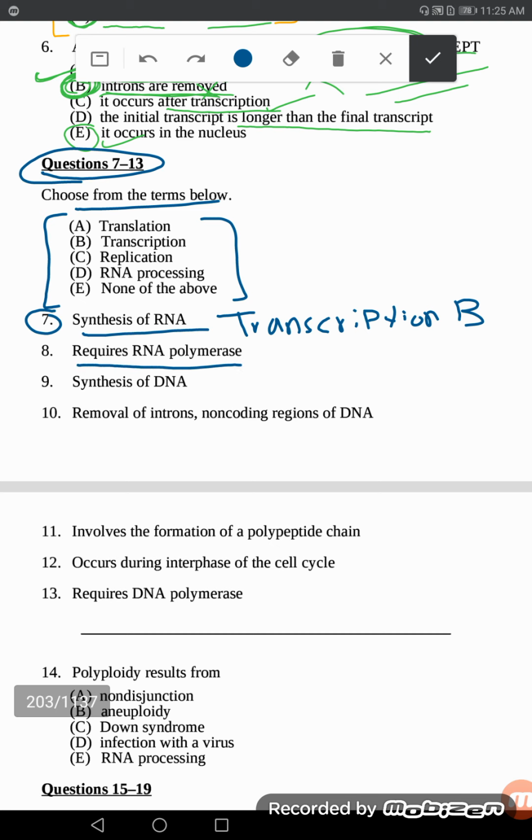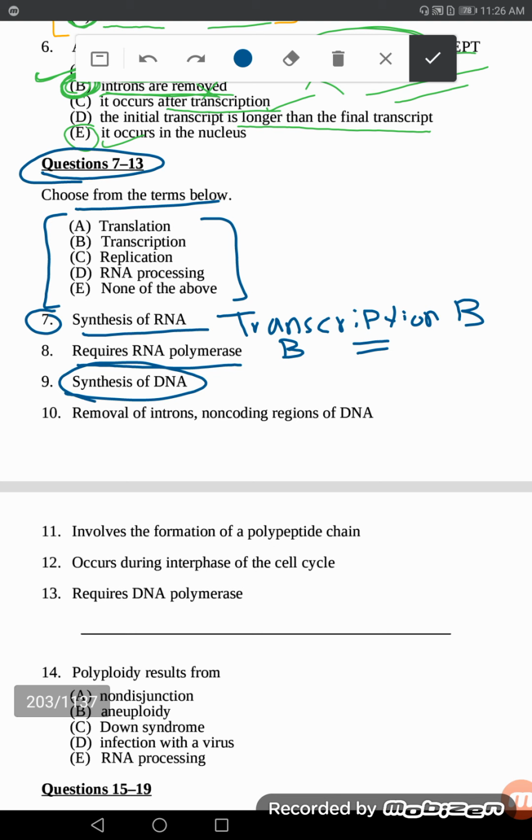Next, requires RNA polymerase. Which process requires RNA polymerase? RNA polymerase is an enzyme for synthesizing RNA, which we need during the transcription process. So the answer is B, again the transcription process.